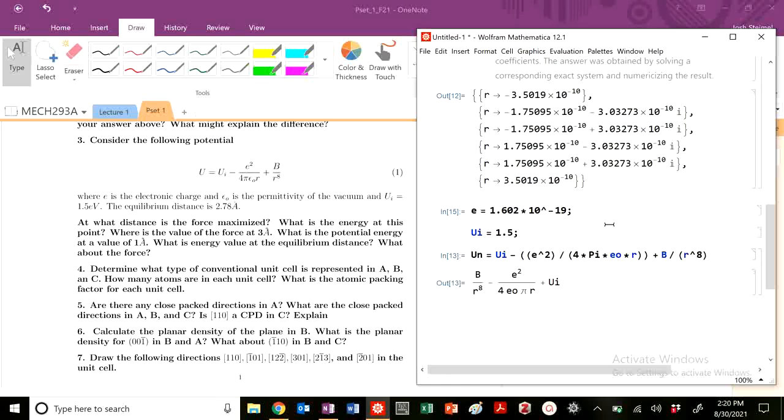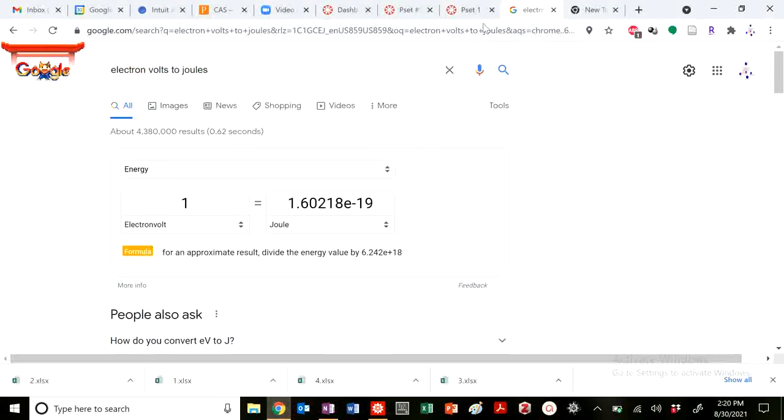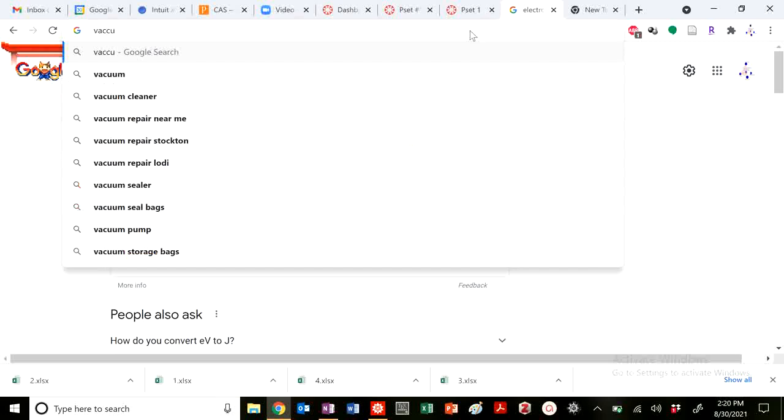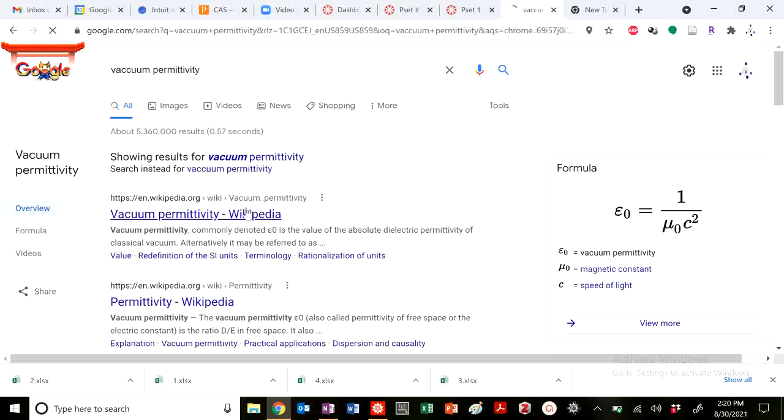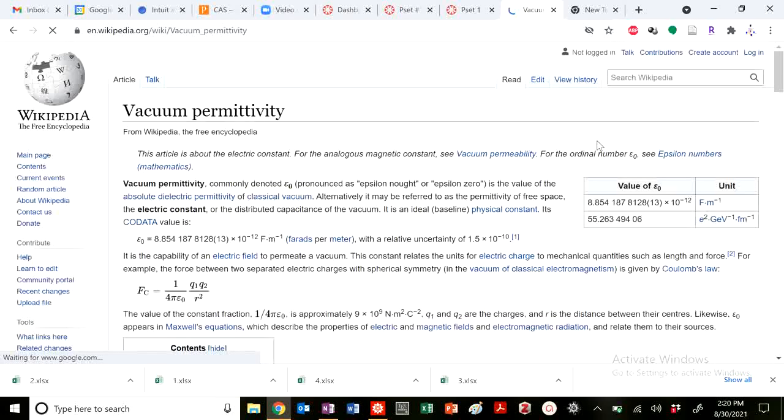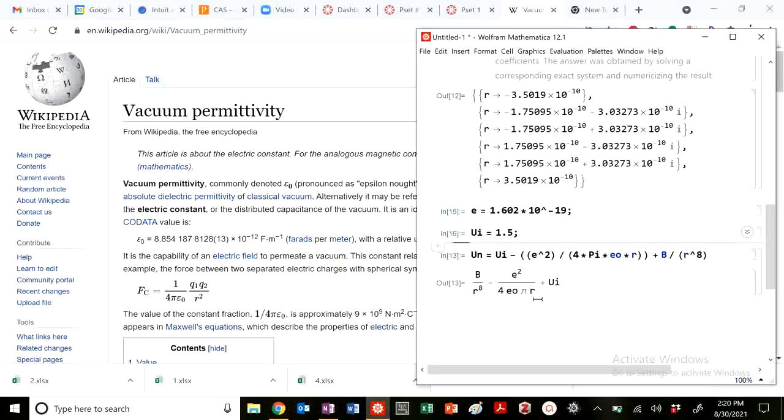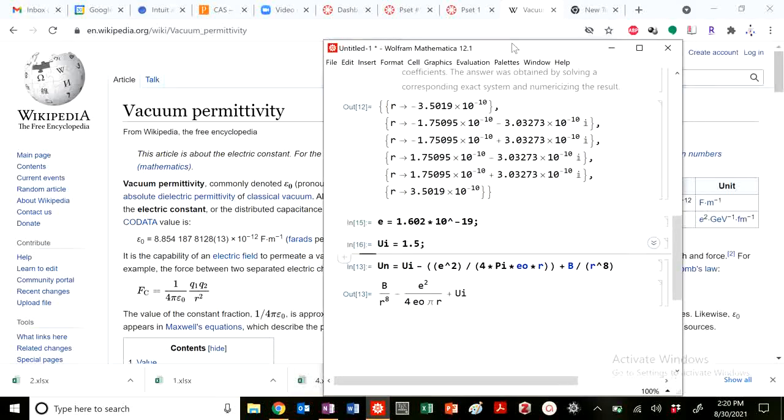And I also know my permittivity of vacuum, I'm going to look that up. My permittivity of vacuum is going to be, let's see, 8.854 times 10 to the minus 12. Go ahead and put that over here.